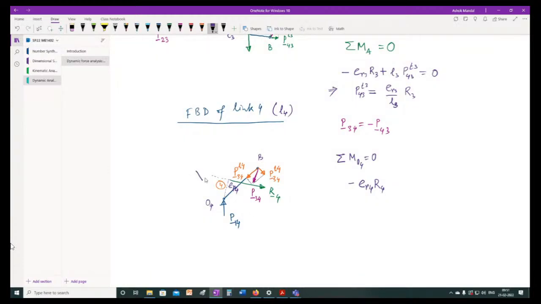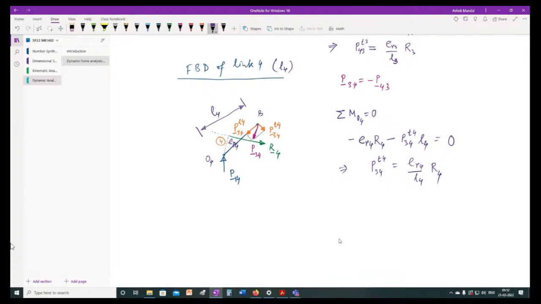So we have again minus P34 tangential to 4, multiplied with L4, equals 0. So from here we get that this P34 tangential component equals ER4 by L4 into R4. Is it fine?